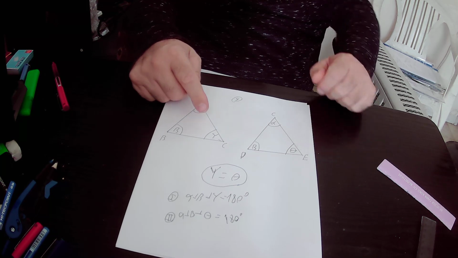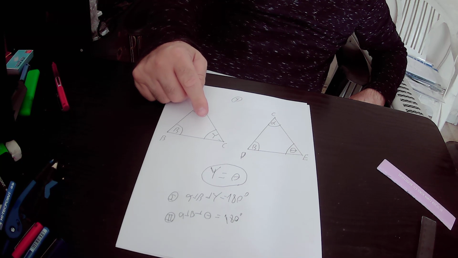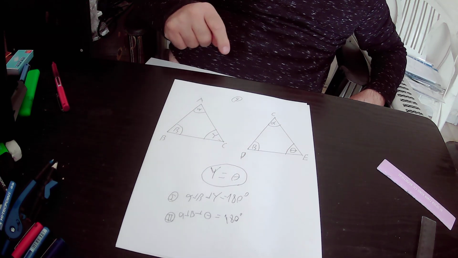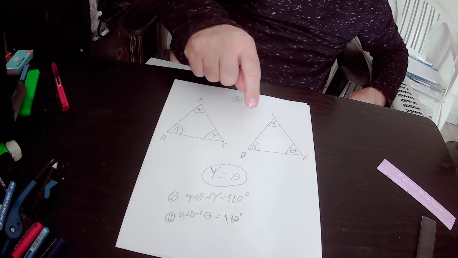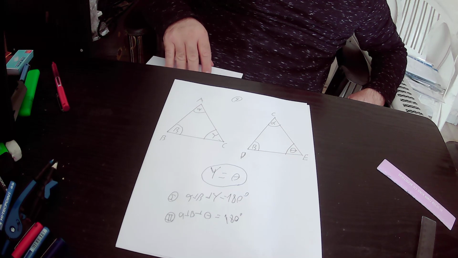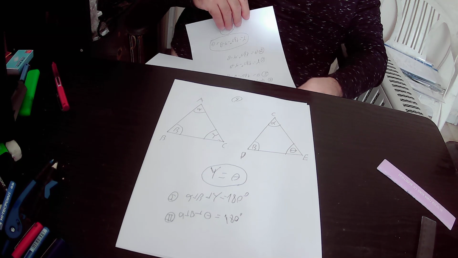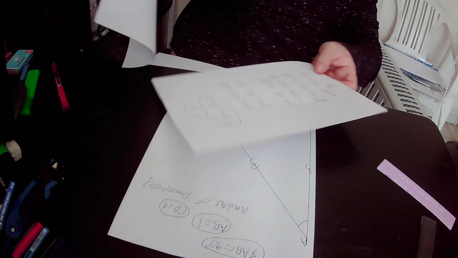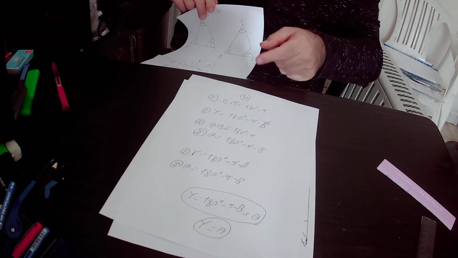Why? Because we know that the sum of the angles in any triangle is 180 degrees, therefore alpha plus beta plus gamma equals 180 degrees in triangle ABC, and in triangle CDE the sum of the angles is also 180 degrees, that is to say alpha plus beta plus theta also equals 180 degrees. Then we subtracted alpha from equation number 1, and we got that beta plus gamma equals 180 degrees minus alpha.